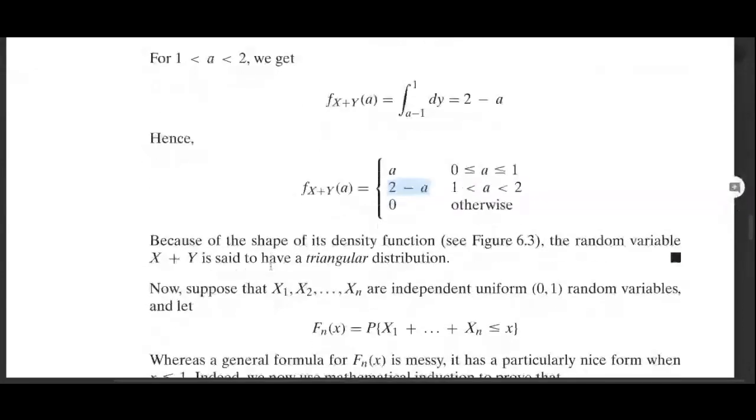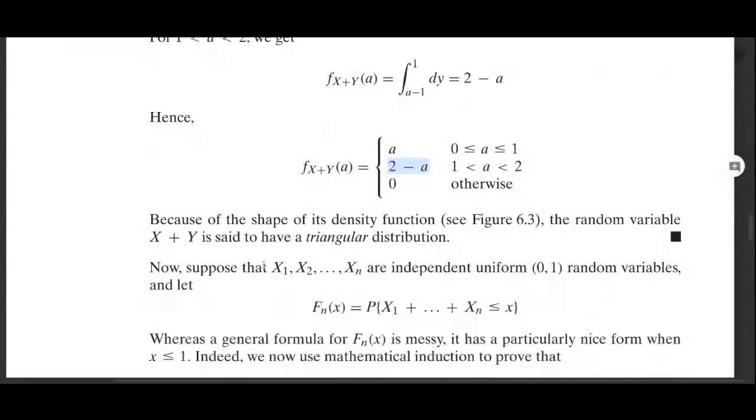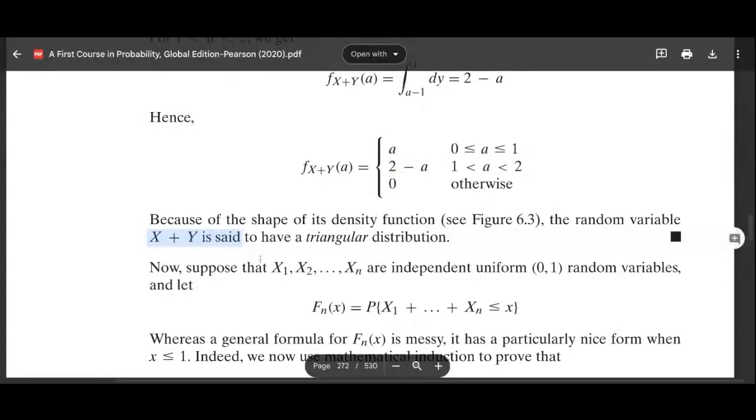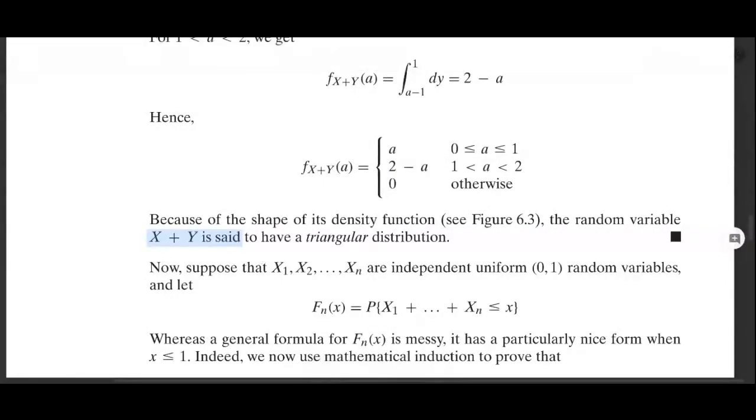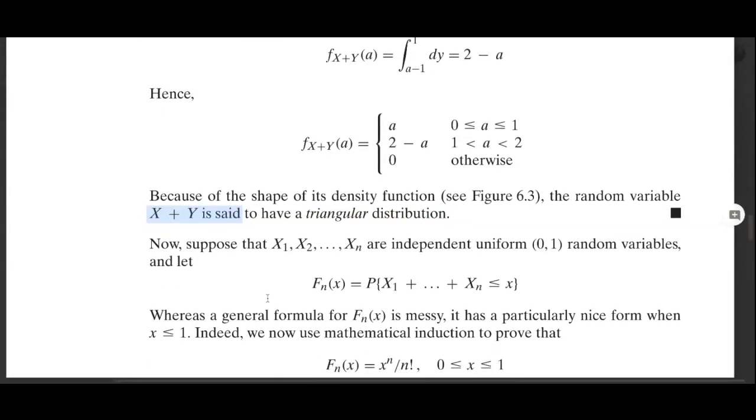In this case, the random variable X plus Y is said to have a triangular distribution. And suppose that X1 up to Xn are independent uniform random variables.